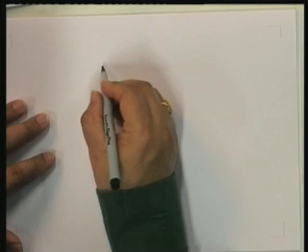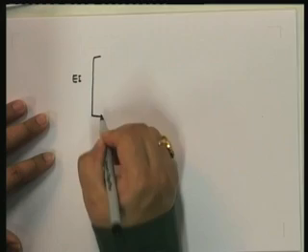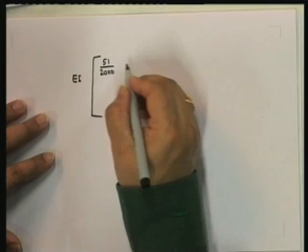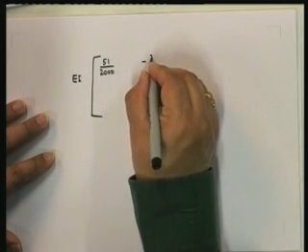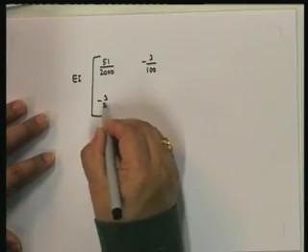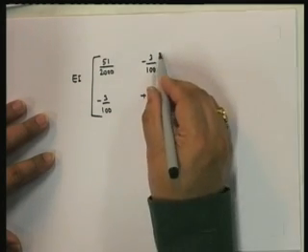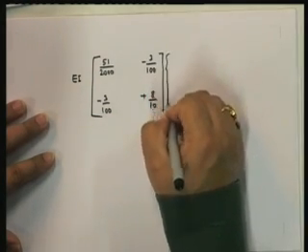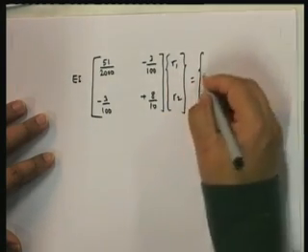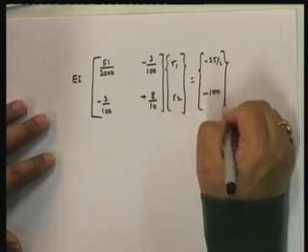If I take out the EI and write it in matrix form, this will become 51 upon 2000, minus 3 upon 100, in the first row. Here I'm going to have minus 3 upon 100 and 8 upon 10, multiplied by R1, R2, is equal to minus 25 by 2 and minus 100.